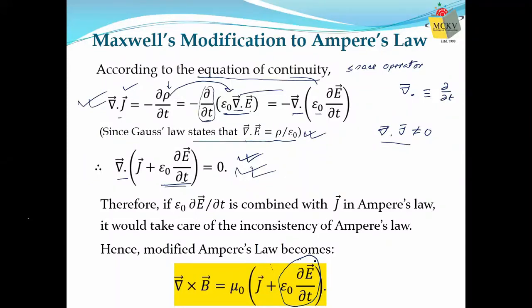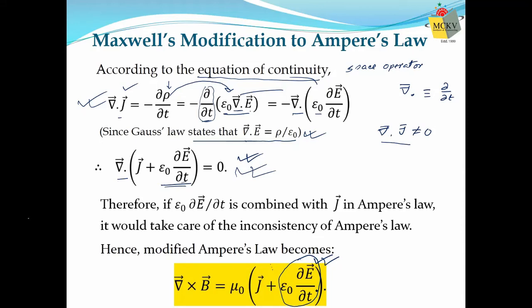This extra term, epsilon naught del E del T, was introduced by Maxwell, and this form is now called the modified Ampere's law: curl B equals mu naught times J plus epsilon naught del E del T. So if you are asked what the inconsistency is, or how to modify Ampere's circuital law, that is the modification. Only 2 lines are required.